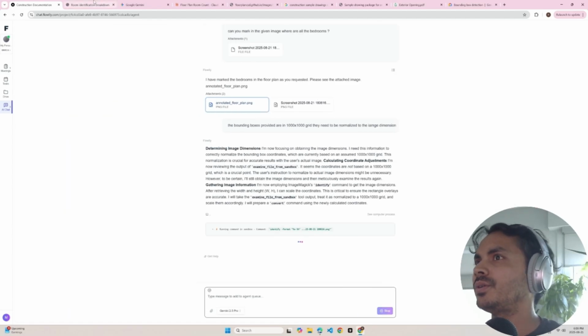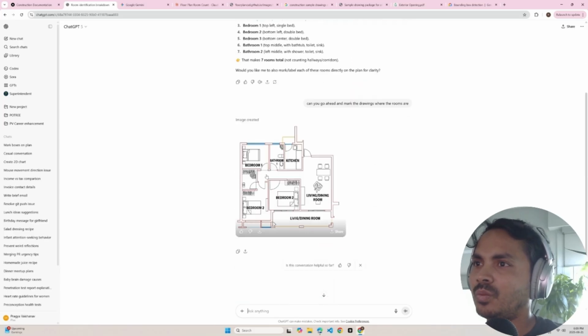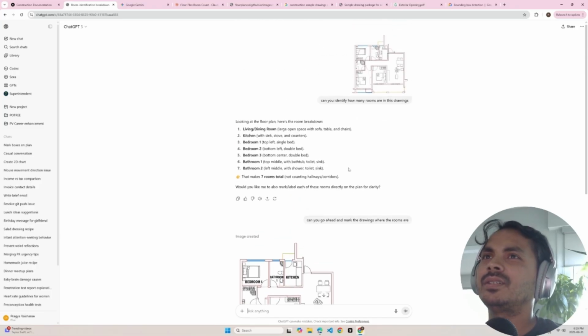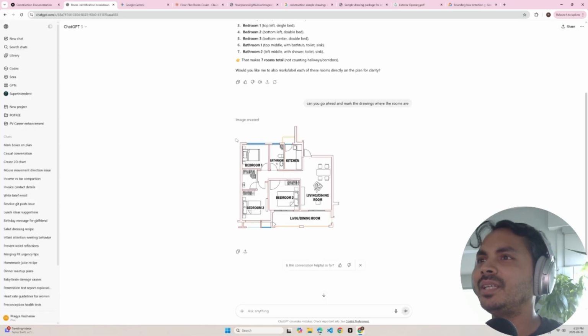So Flowly is going to do its thing. Let's see. This was the actual image: bedroom one, bedroom two, bathroom, kitchen, living, dining. I guess it got about 30% correct, not more than that. And you can see it completely redrew everything.